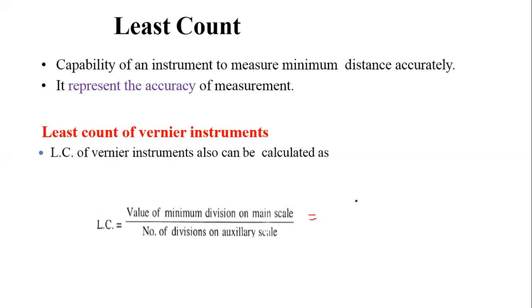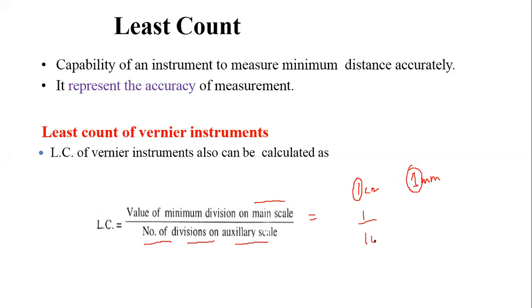The formula: value of minimum division on main scale. For example, if main scale is in centimeter, you need to take 1 centimeter. Or if main scale is in millimeter, then you need to take 1. 1 divided by total number of divisions on Vernier scale.